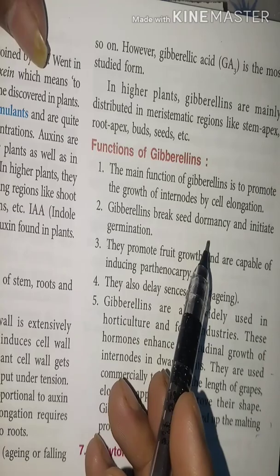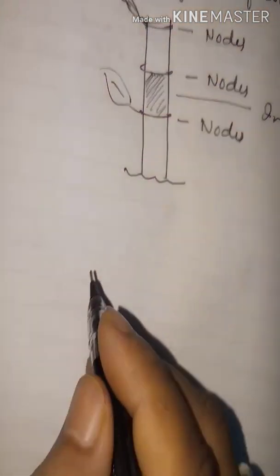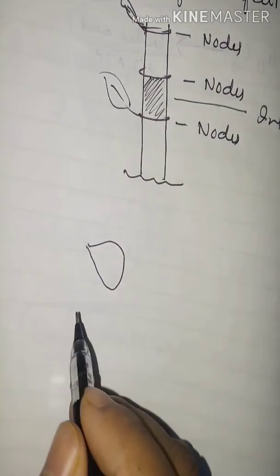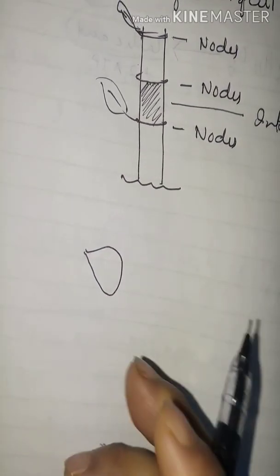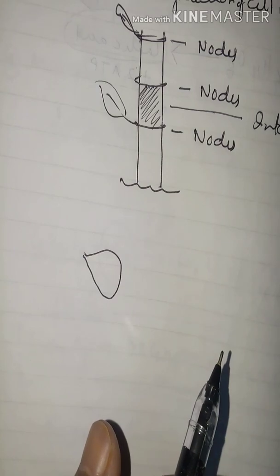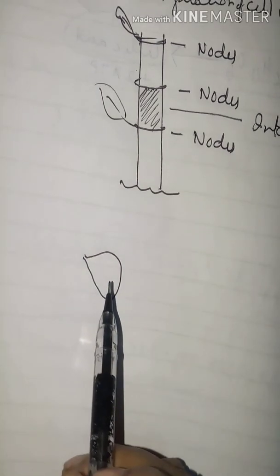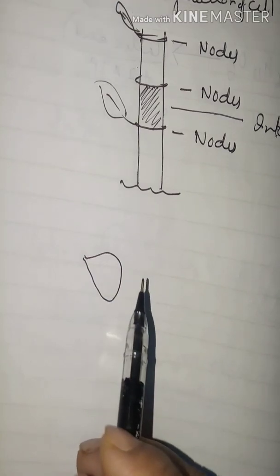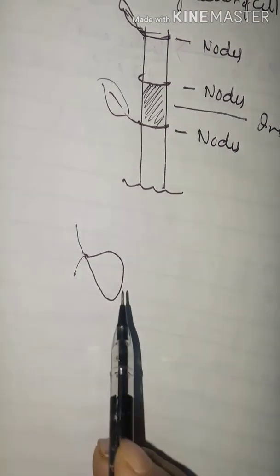Gibberellin breaks seed dormancy and initiates germination. Every seed, when it comes out from the fruit, is in a period of inactivity, a period of rest. After the completion of this period, when the seed receives the right conditions, it starts to germinate.